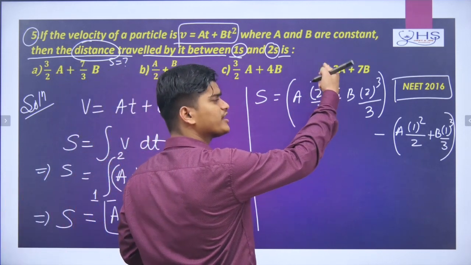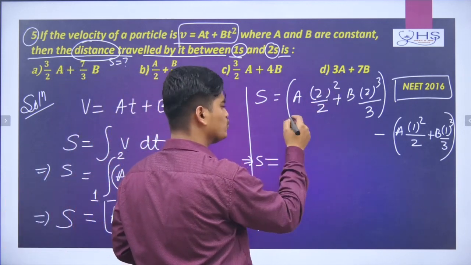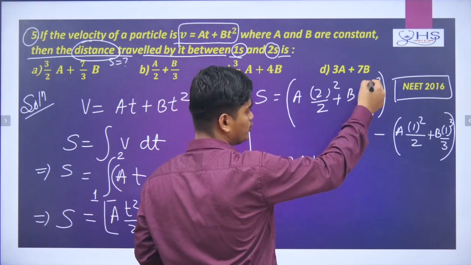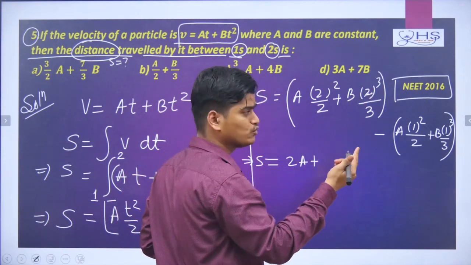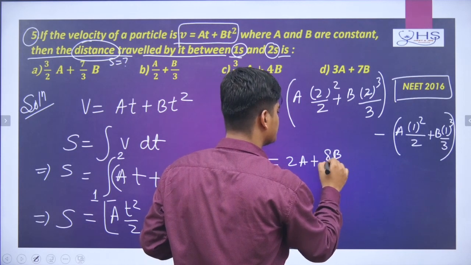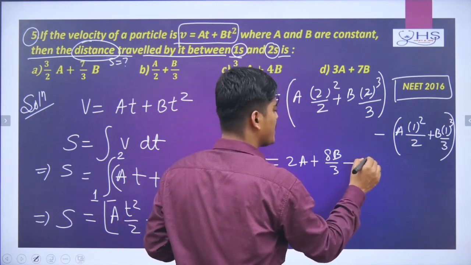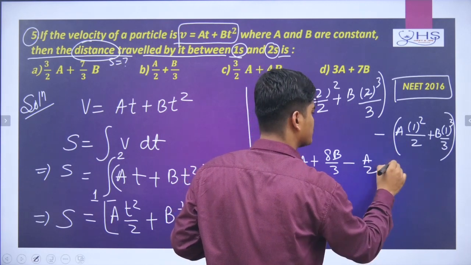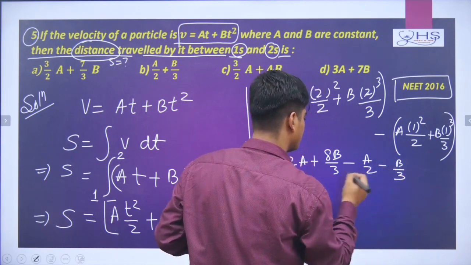Now how much is coming? 2 square is 4, 4 by 2 is 2, so I can write 2a, plus 2 to the power 3, that is 2 into 2 into 2, which is 8, so 8 by 3 b is coming. Now minus a by 2, then minus b by 3.